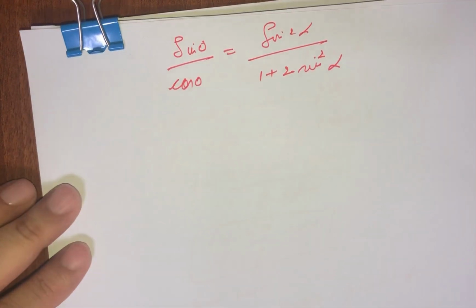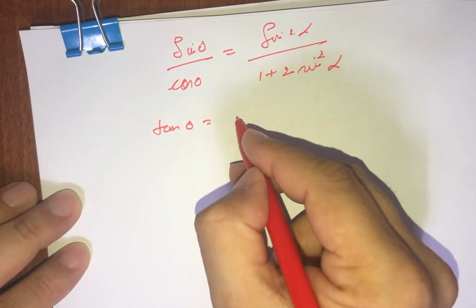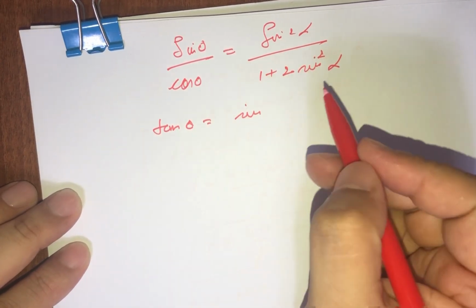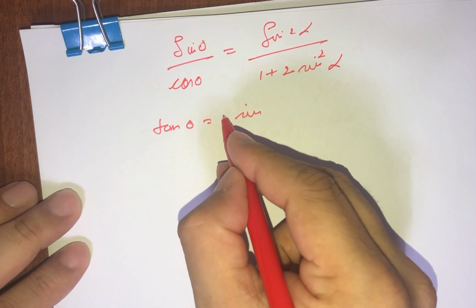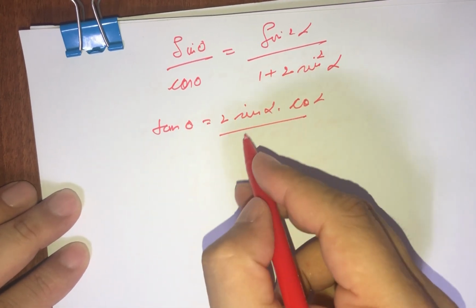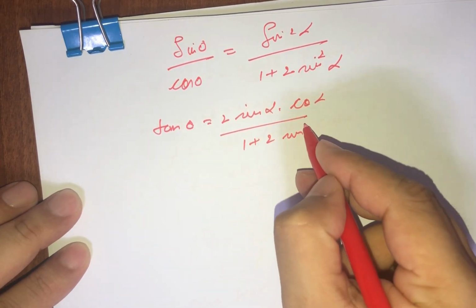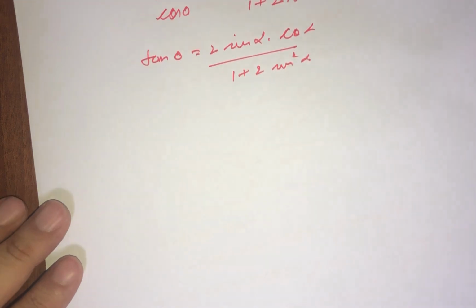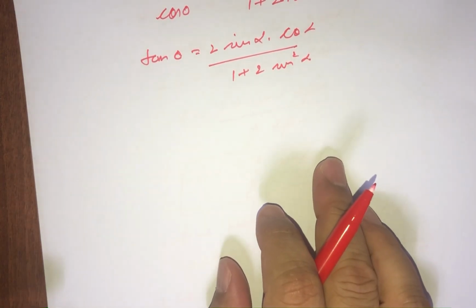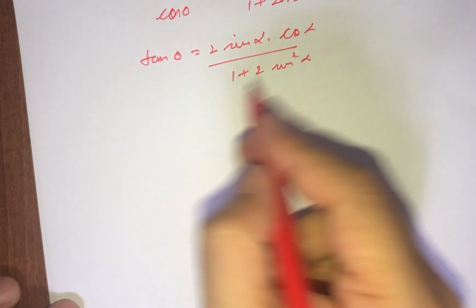So we can say that tangent of theta is equal to sine 2 alpha. We can write it as 2 sine alpha into cos alpha divided by 1 plus 2 sine square alpha. So in the right side we are going to divide and multiply by cos square alpha.